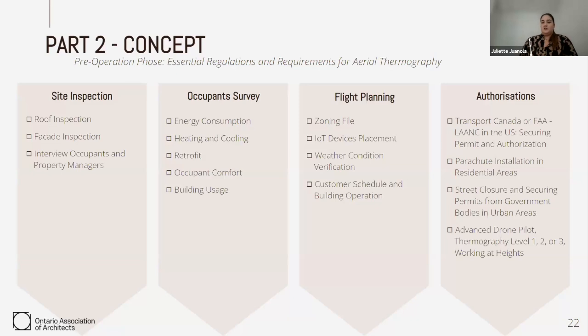The authorizations are also part of the flight planning, but they are very specific. A few are listed here, but they really depend on the location of the building, the country where it is located, the state, province, region, and even the city.